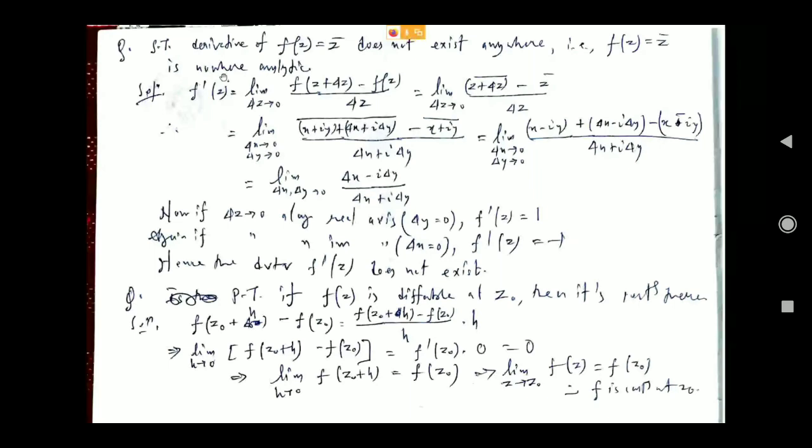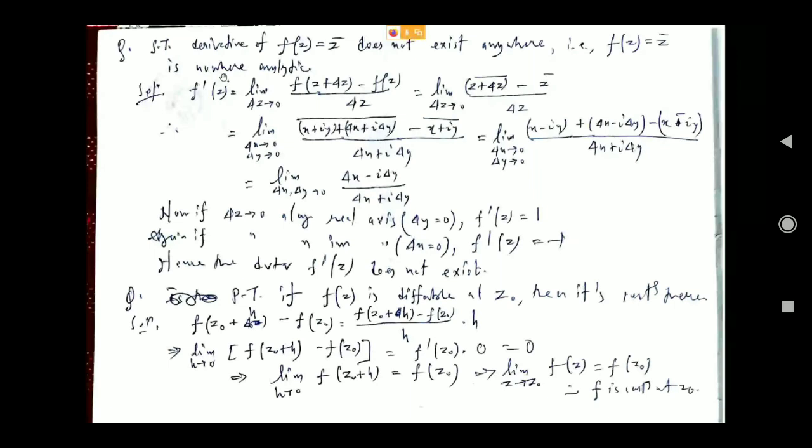So let us see by the same definition, f'(z) equals the limit as del z tends to 0 of f(z plus del z) minus f(z), divided by del z. Now here f(z) is z bar, so f(z plus del z) will be the bar of z plus del z, and f(z) will be replaced by z bar.